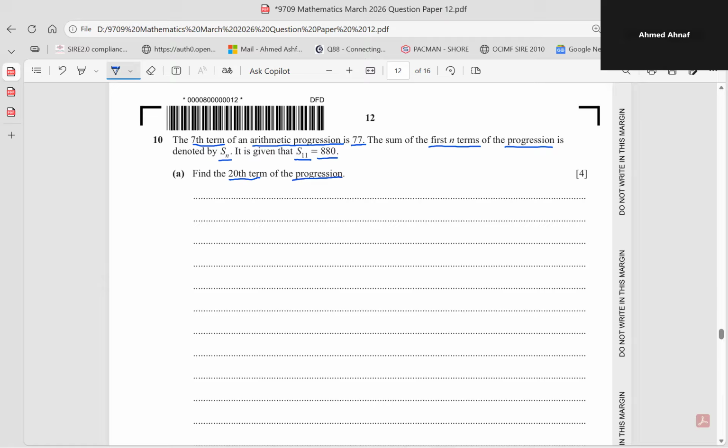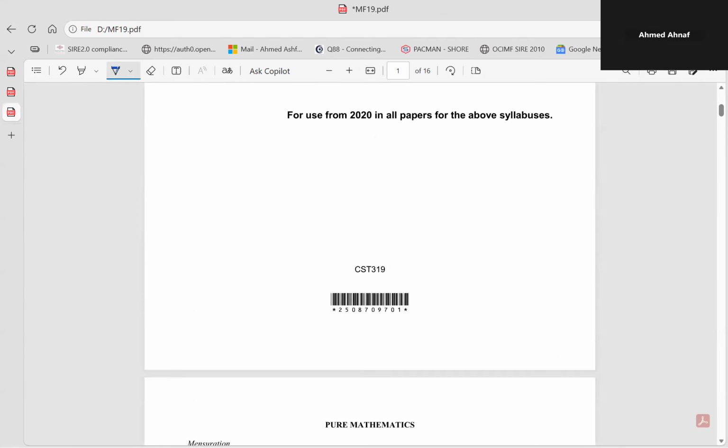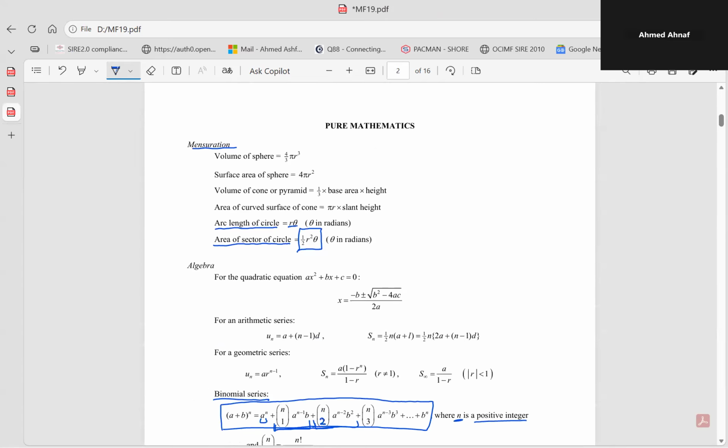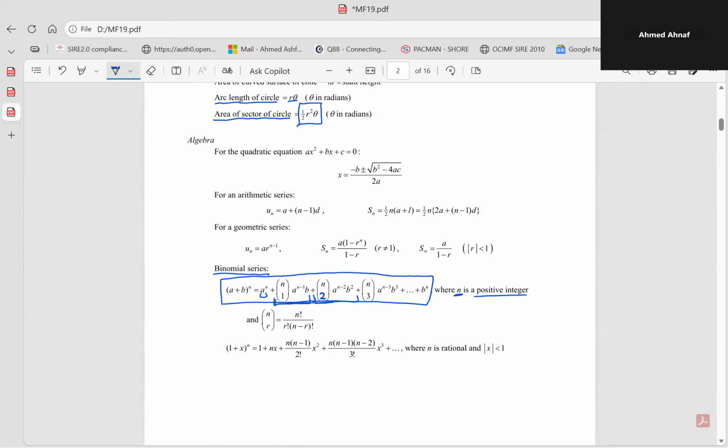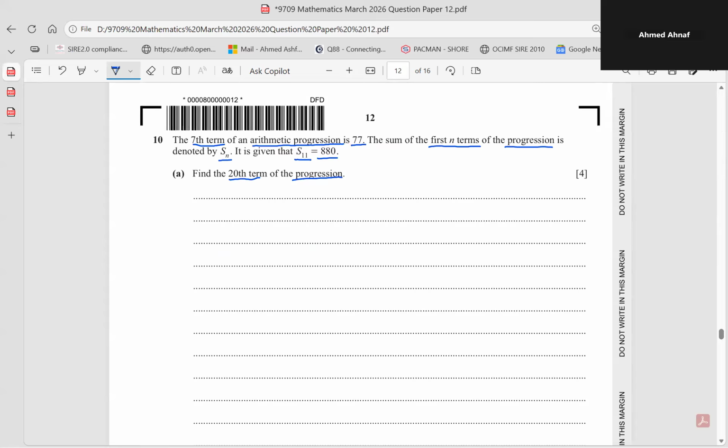Okay, so for an arithmetic progression, to find the general term, it's given by this formula here. So u subscript n is equal to a plus n minus 1 times d. Okay, so n is the nth term.